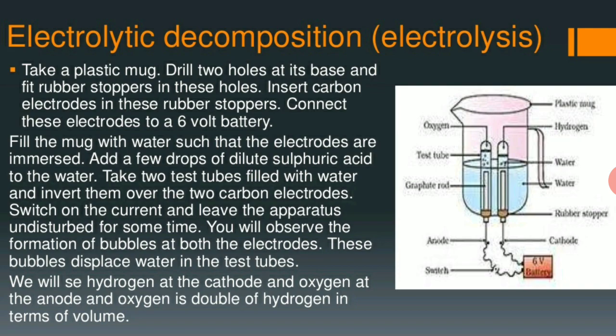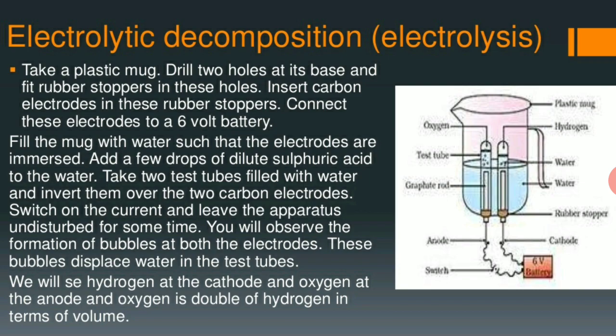For this activity, take a plastic mug, drill 2 holes at the base and fit rubber stoppers in these holes. Insert carbon electrodes. For electrolysis of water, we are using two electrodes, actually graphite rods or carbon electrodes. Connect these two electrodes to a 6-volt battery.